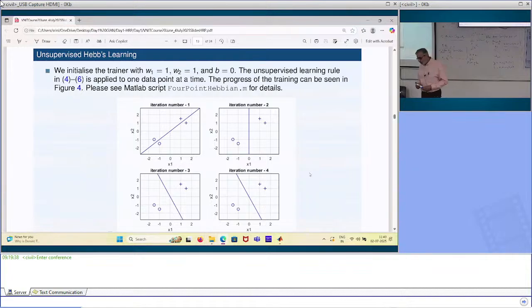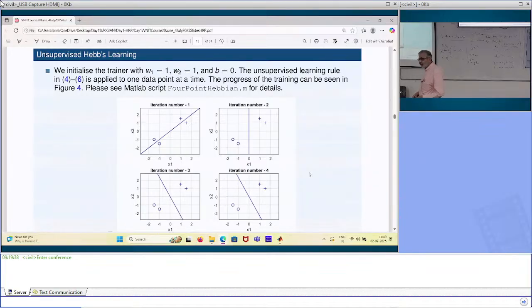Sorry, I should have done this problem myself today, but that's all right. This is what we have. We have got 4 points, and suppose we start like that. What line have we got? The first one on the top left is iteration number 1.